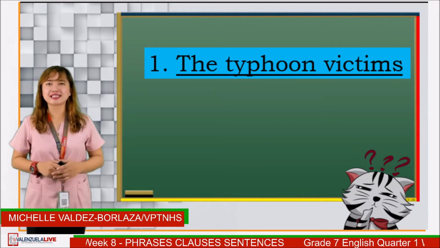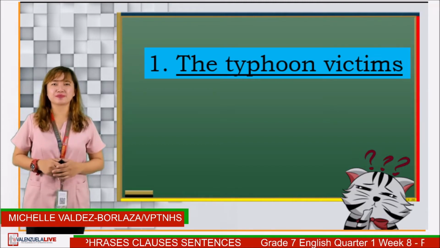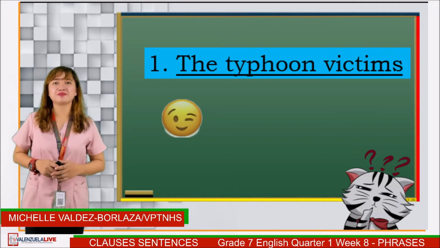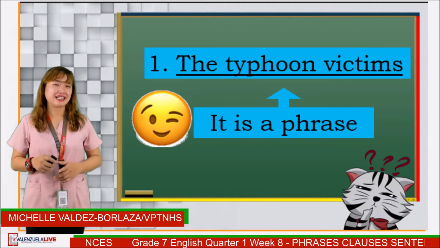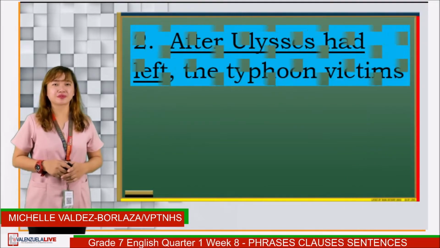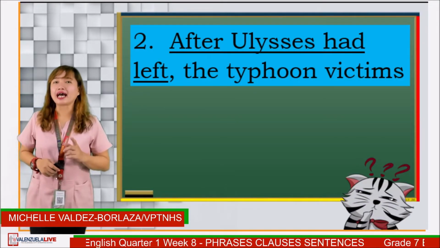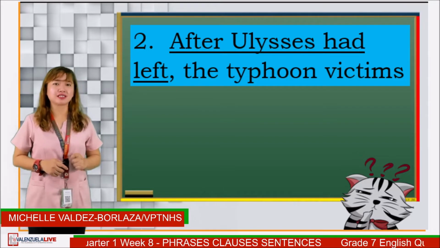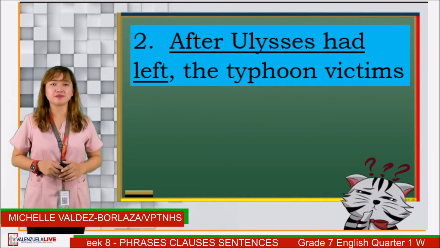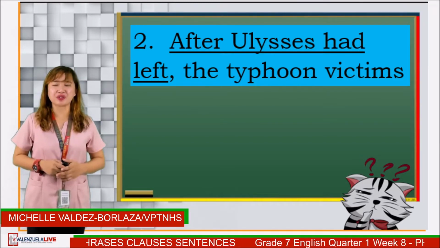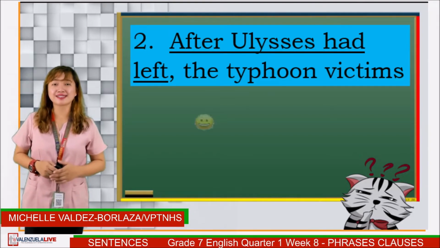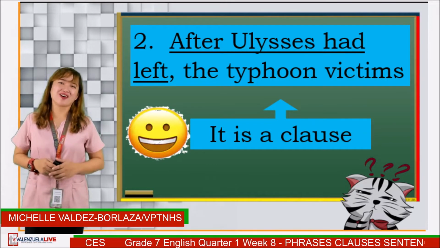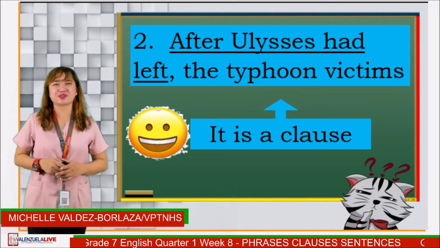What do you think is the answer, learners? It is a phrase. Very good. Let's have number 2. After Ulysses left the typhoon victim, key in your answer, learners. It is a clause. Nice job, learners.